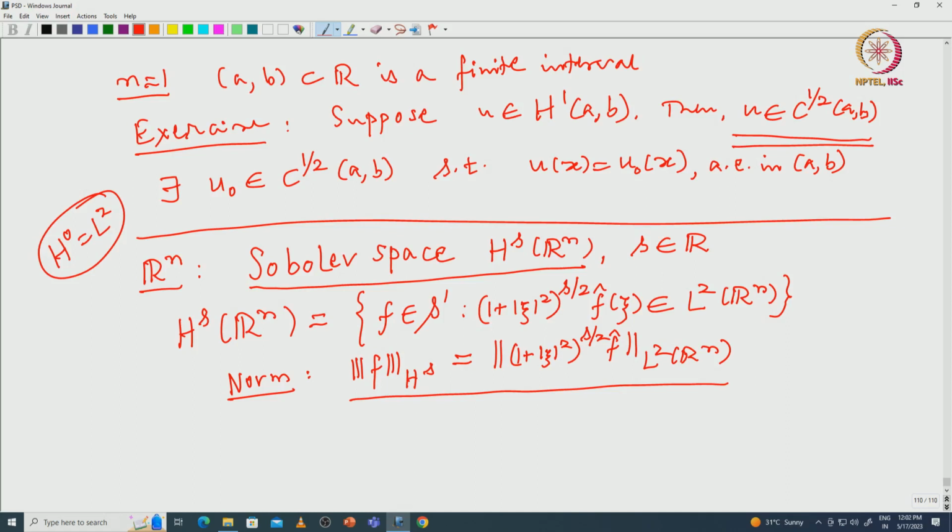So, what is the connection between this definition and the earlier definition? Let me just quickly say that.